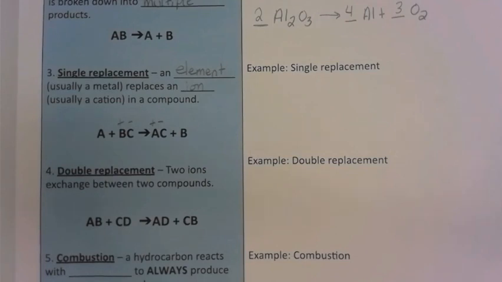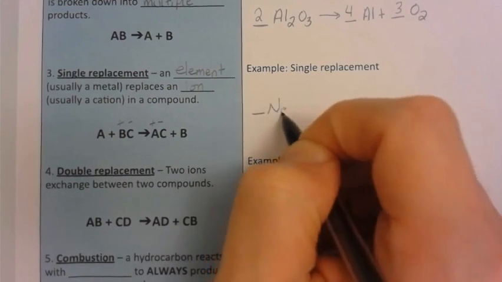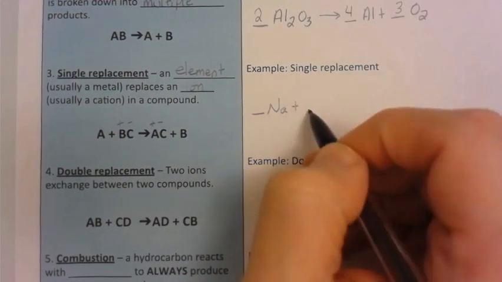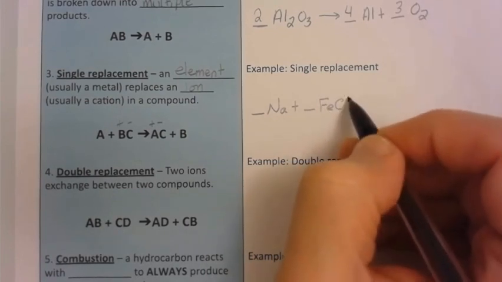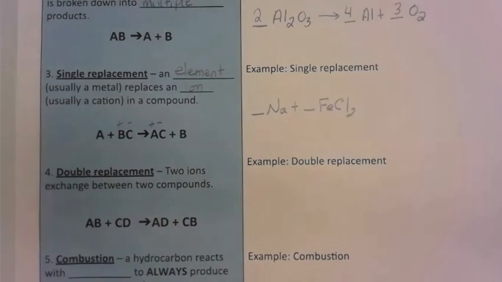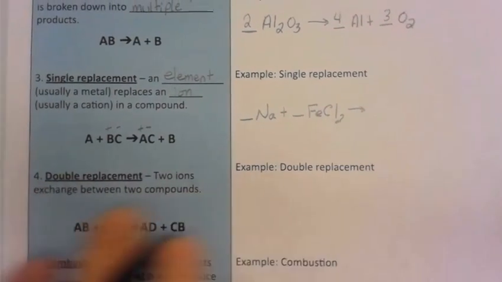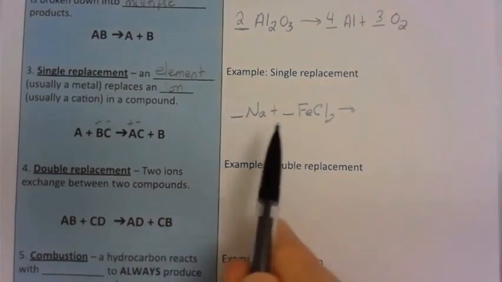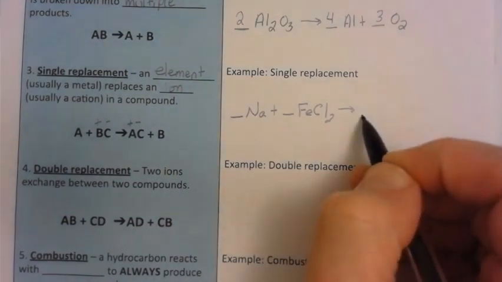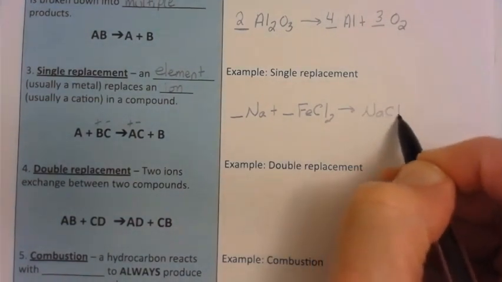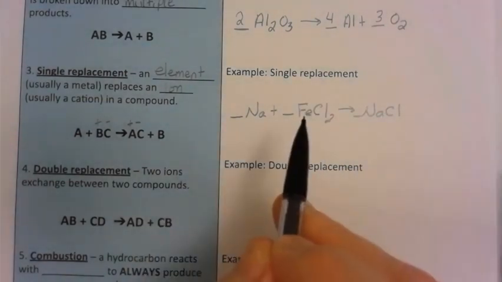Okay? So if we have an example of something like sodium plus iron 2 chloride, reacts to form, well, we know that the sodium metal is going to replace iron metal, and we're going to form sodium chloride, NaCl, and then it's going to replace iron.